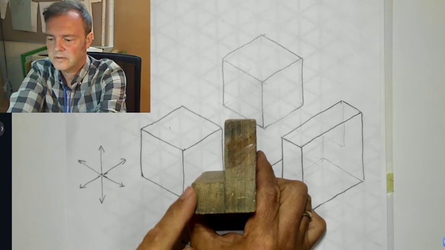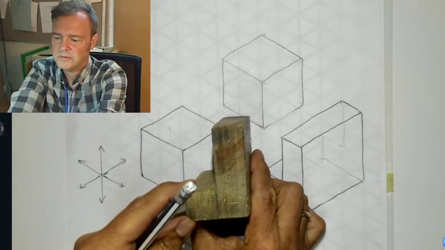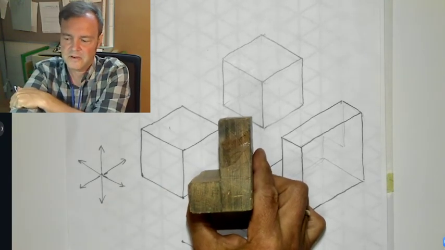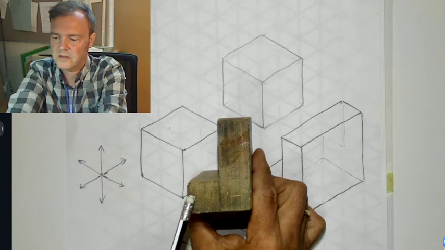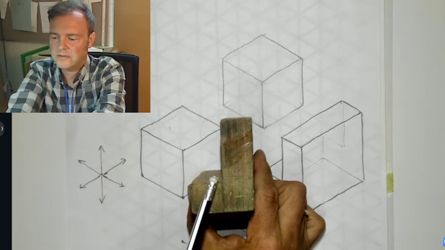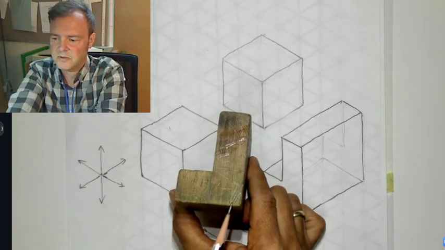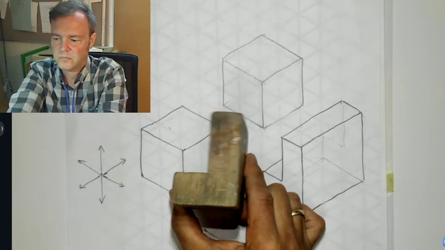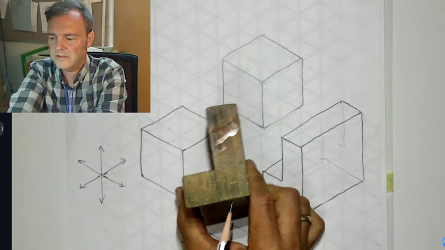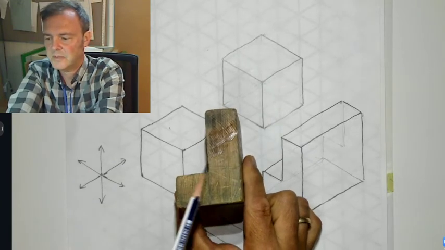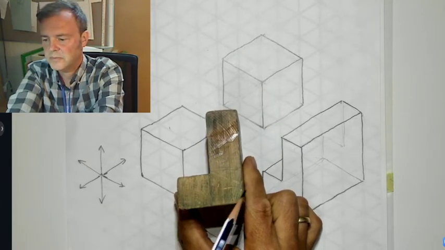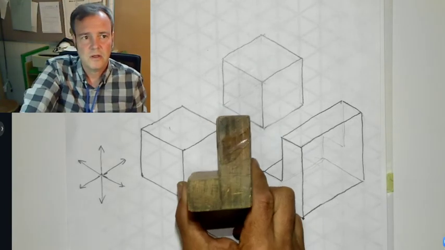And certainly not 2 inches. It can't be less than 1 inch. So if this is 1 inch, we know this is also 1 inch. You don't have to be a genius to see that this must be 2 inches. And you can easily see that this distance is the same as this one. So that means this must be 3 inches.